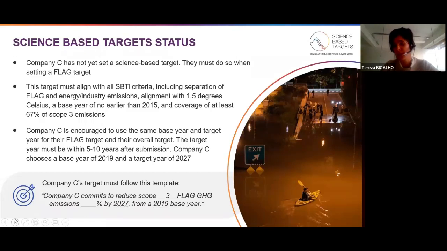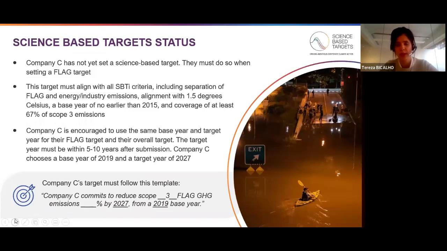In this case, we are assuming that Company C covers 100% of the Scope 3 emissions. For consistency, Company C is encouraged to use the same base year and target year for their FLAG and their overall target. The target year must be within 5 to 10 years after submission, and Company C chose a base year of 2019 and a target year of 2027.